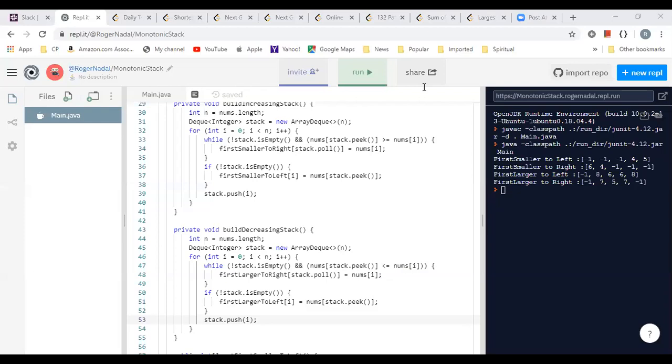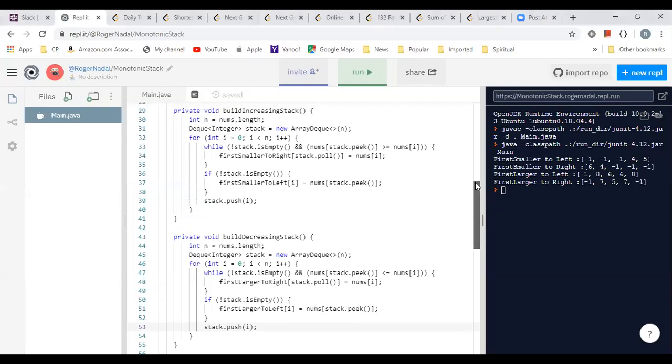Can you go to the code? Yeah, sure. Can you share your screen? Line number 29, build increasing stack, where we are building the increasing stack.